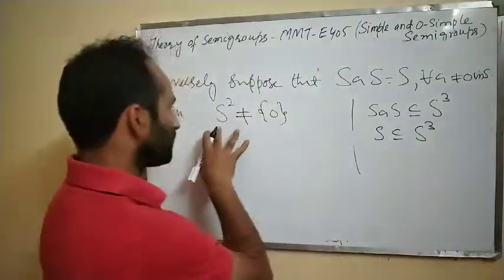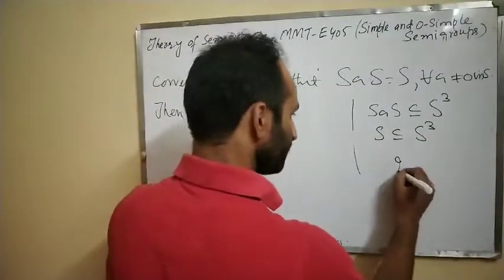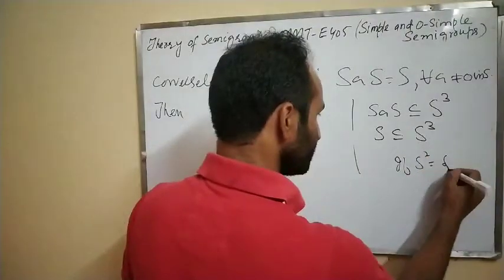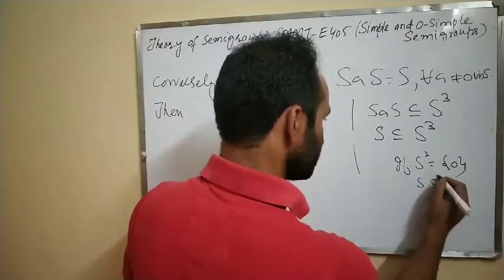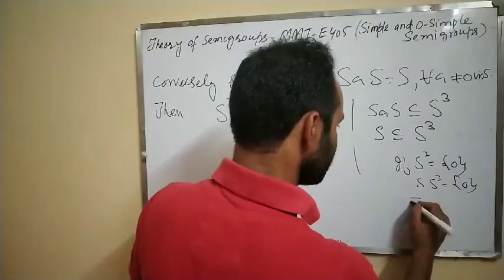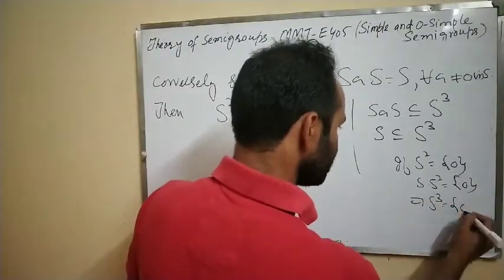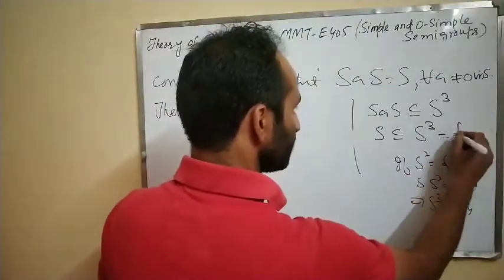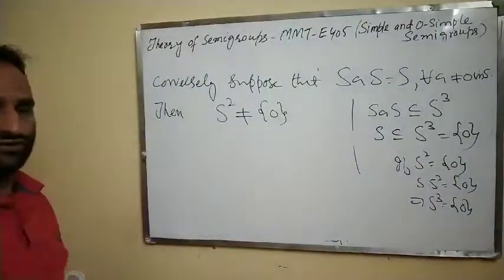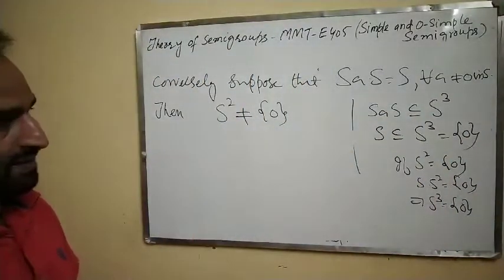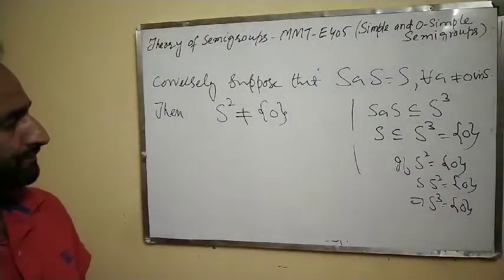So if possible S square equal to 0, then S into S square is also equal to 0, which implies S cube is equal to 0. So in that case, our S is equal to 0, which is not the case because S contains some non-zero elements.